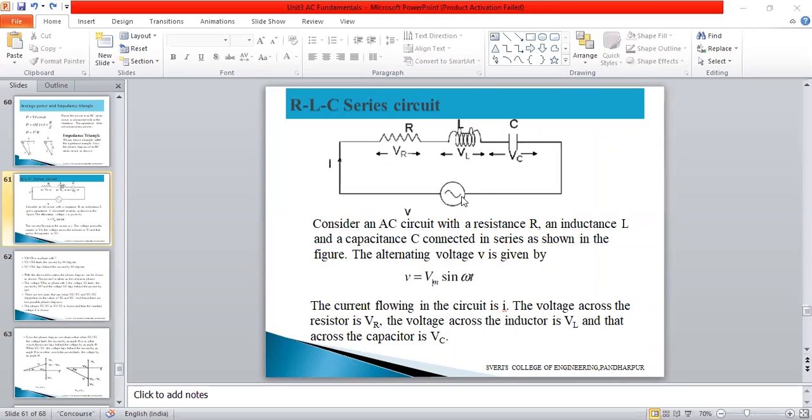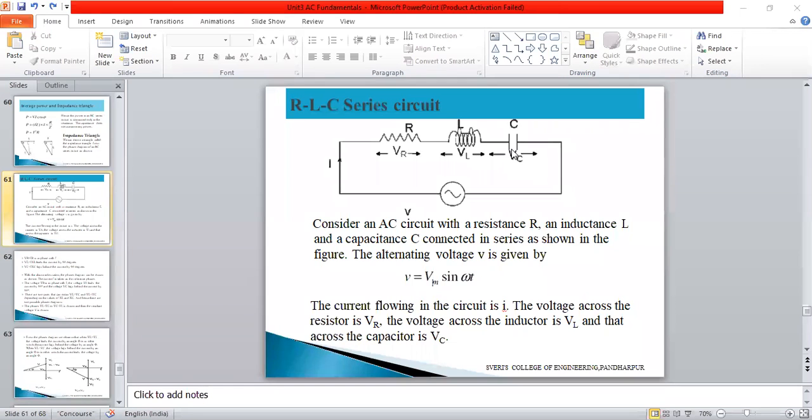In a series circuit, the voltage is different, but the current is only one. One current will flow in all the resistance, inductance and capacitance. But the voltage across resistance is different, across inductance is different, and across capacitance is different.